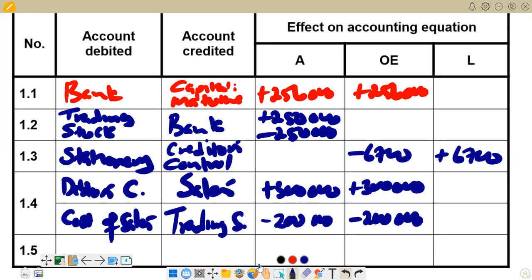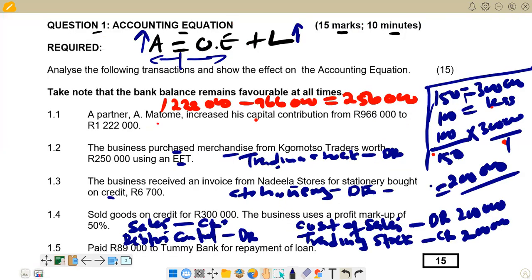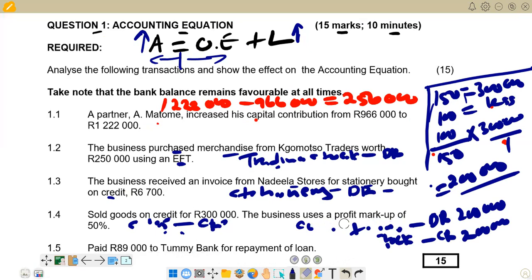Then we try to see what we have on 1.5. Right, 1.5 is saying paid 89,000 rands to Tami Bank for the payment of loan.